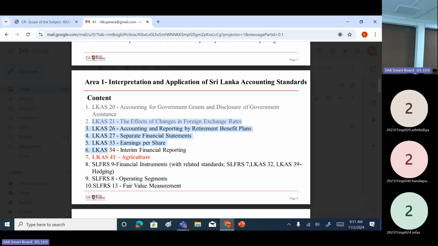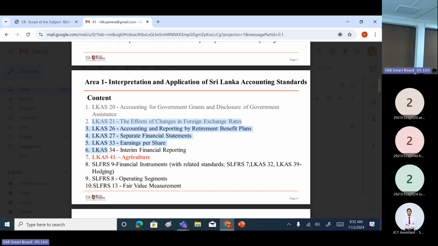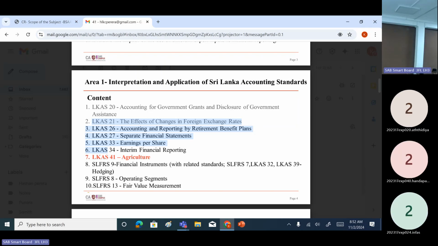Previously, we had a committee. The committee issued IAS, the board issues IFRS. Only the regulator, the governing body, changed, and they changed the series of the standard. So it's better to know that.